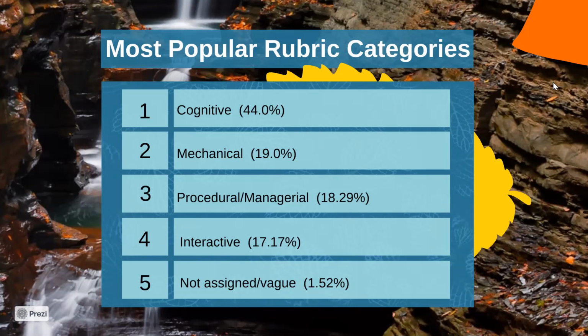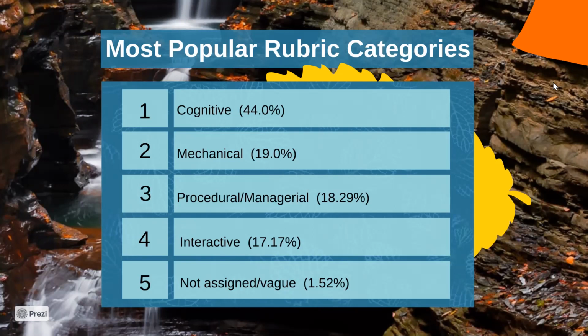The third most popular element was procedural or managerial, such as whether the students were doing X number of posts or Y number of replies, basically achieving benchmarks that the teacher had set out.